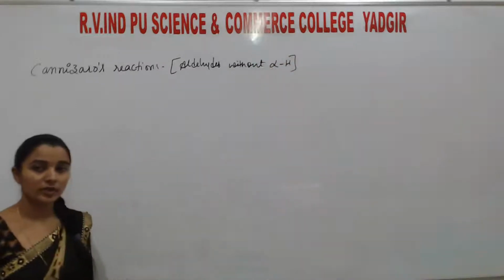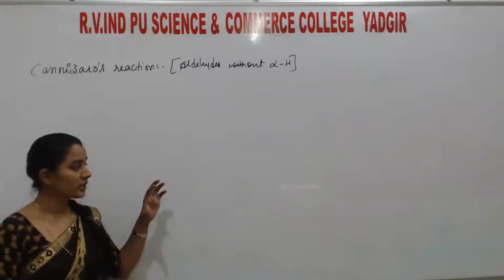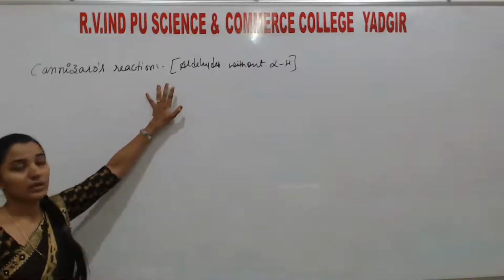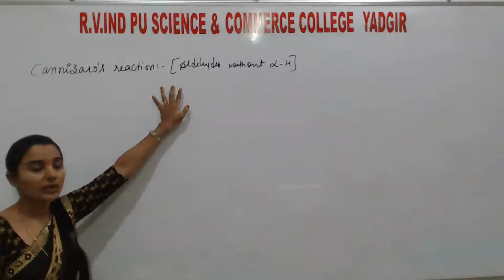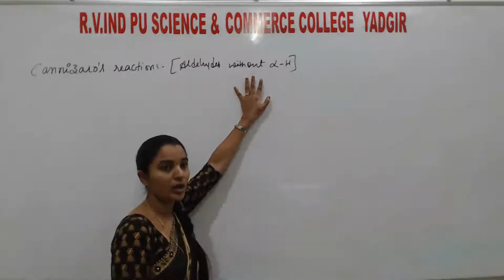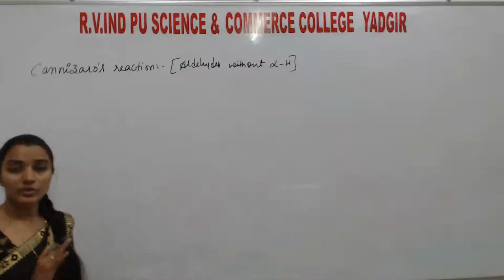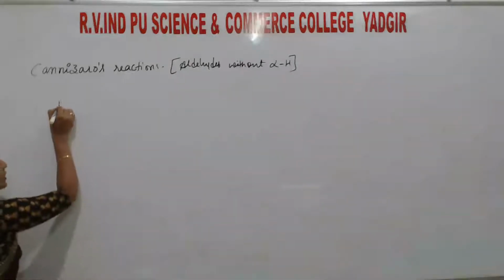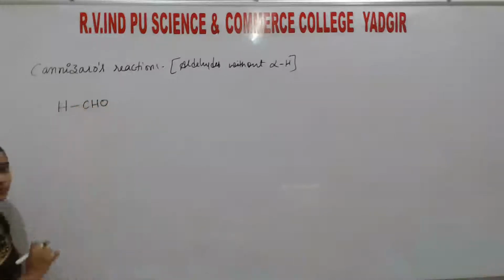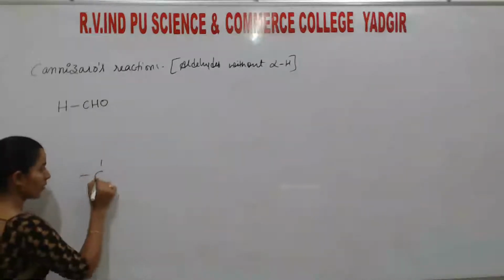Initially, we considered reagents that should contain alpha hydrogen. The Cannizzaro reaction is explained for aldehydes which do not have alpha hydrogen. The only aliphatic aldehyde which doesn't have alpha hydrogen is formaldehyde.